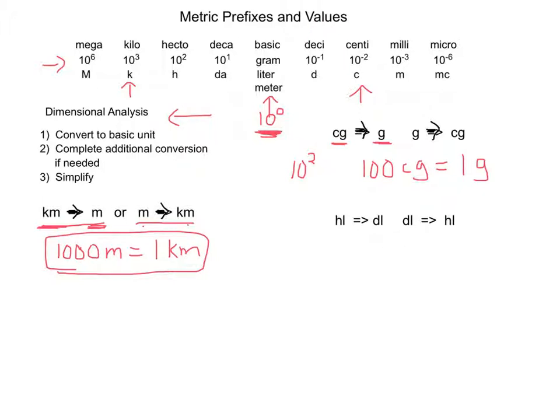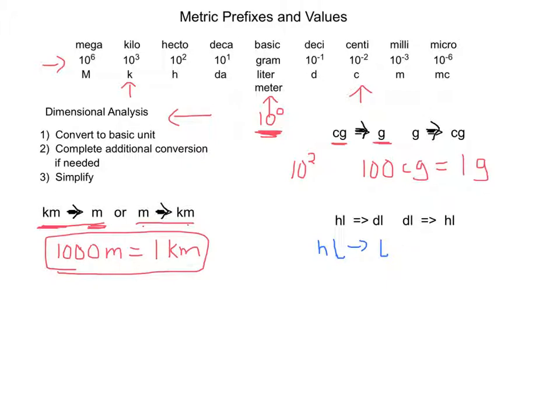So this might take 2 conversions because I always try to go back to the basic unit when I'm converting. So I'm going to first look at how hectoliters relate to liters. And so we're going to start with that relationship.